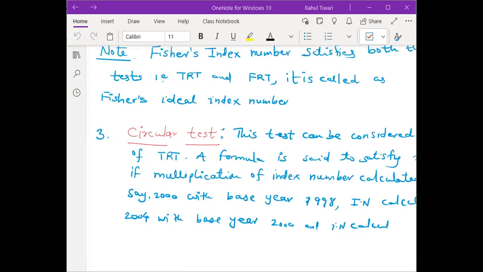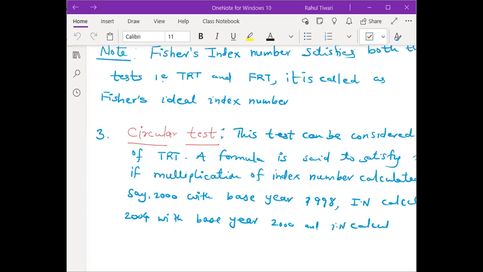Similarly, for the circular test also, suppose there are 3 years, we can call them 1, 2, 3. So 0 with 1, 1 with 2, 2 with 3. You have to compare the 3 years with their base years, and the whole thing divided by 100, 100, 100. If it turns out to be 1, then the circular test is satisfied.